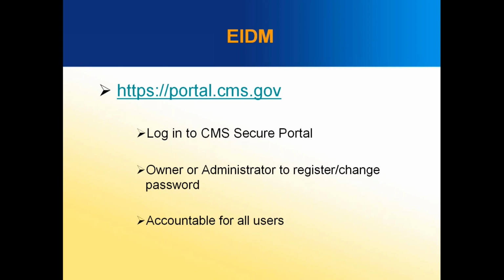If you don't have it updated, you'll get locked out, and then you'll have to call them to unlock you. It's better to just make sure every 60 days you update your password with them, and you're good. And again, we recommend that it's the administrator or the owner that's doing all this.